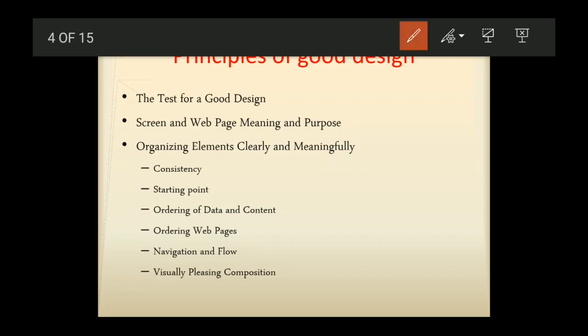So we resume our discussion from ordering the web pages. In addition to the aforementioned considerations, the design and ordering of a web page must reflect the estimated importance of the page elements to the viewers. Therefore, it becomes extremely important to establish levels of importance in the web pages.